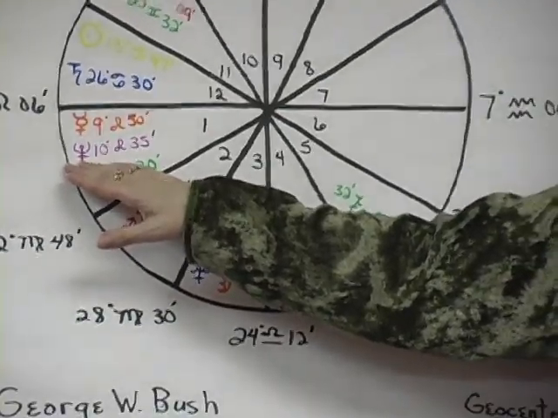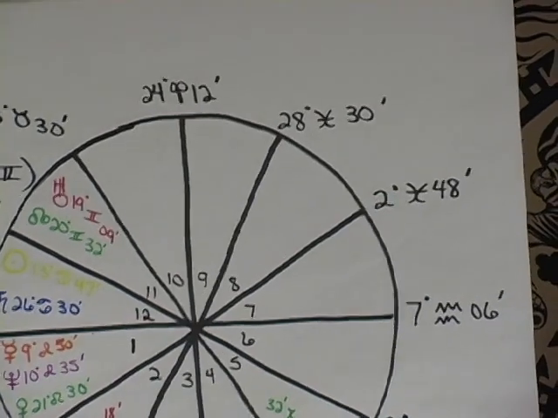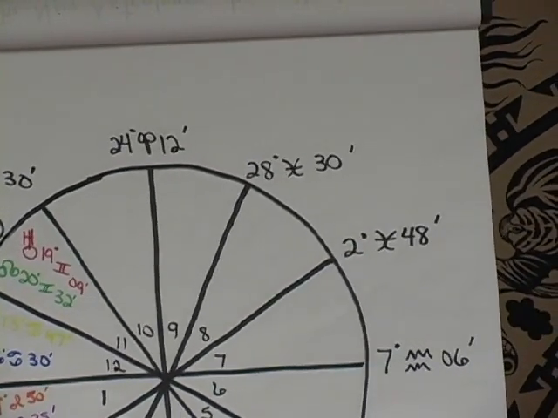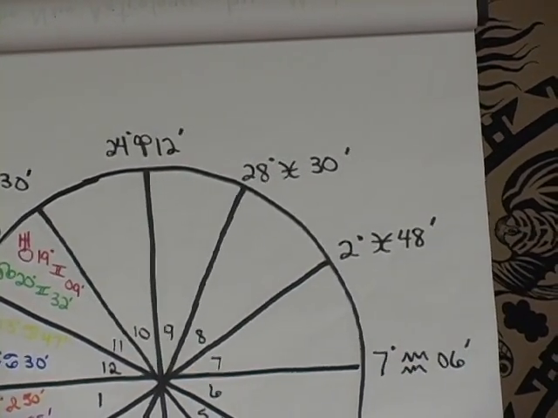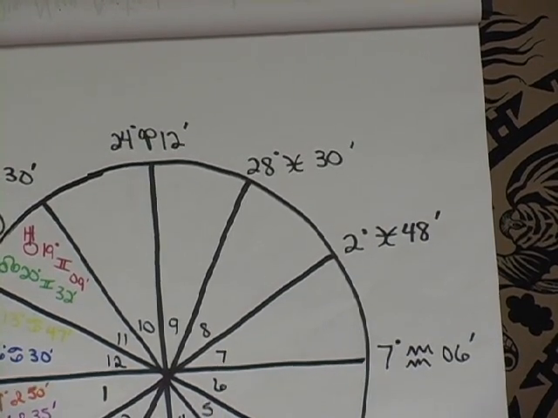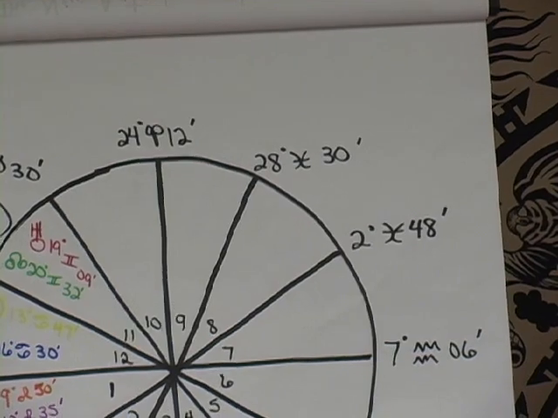Okay, so we can kind of get some of this with this president. In evolutionary astrology, I can do a reading and never even talk about the sun sign.